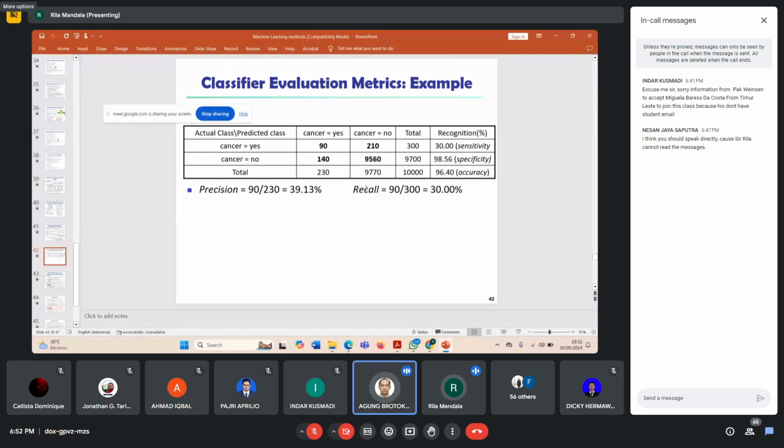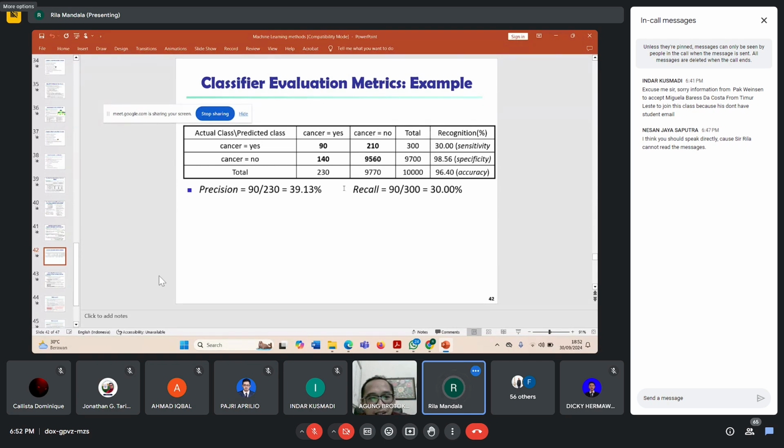Question, sir. Yes, go ahead. Can this evaluation metric be used for counting search engine performance, sir? No. Search engine performance is usually not based on the confusion matrix.